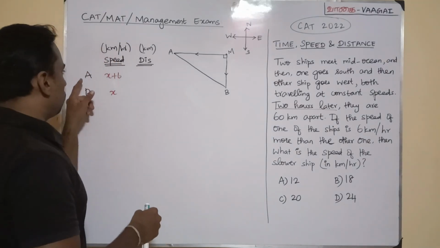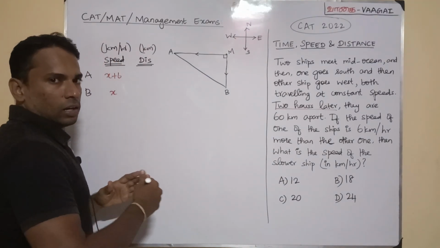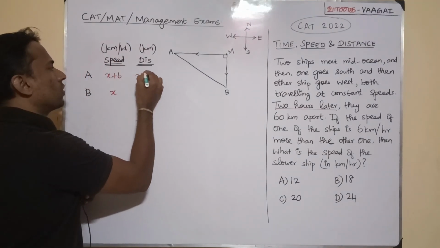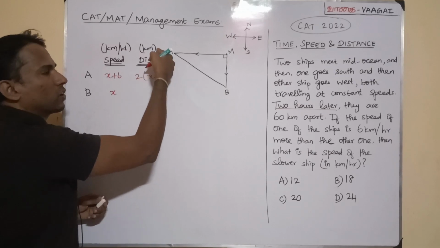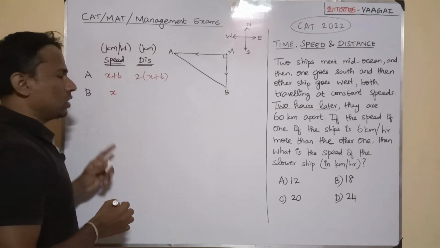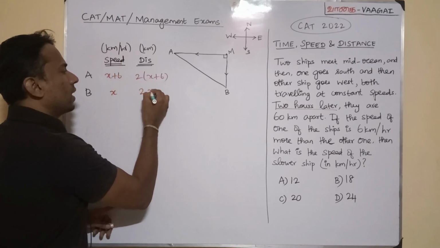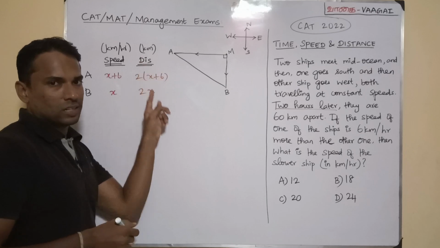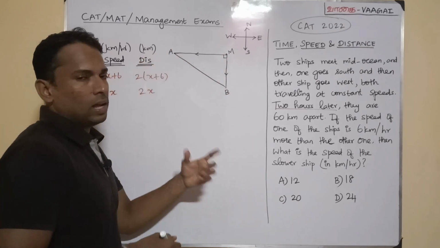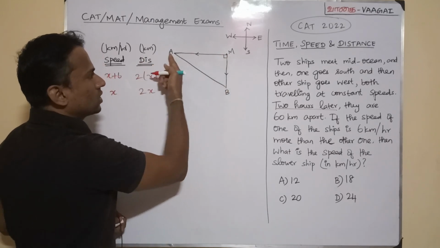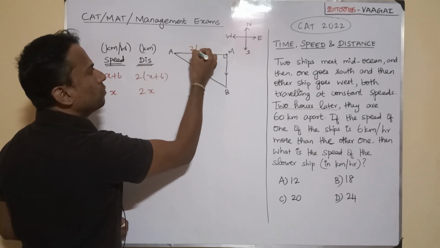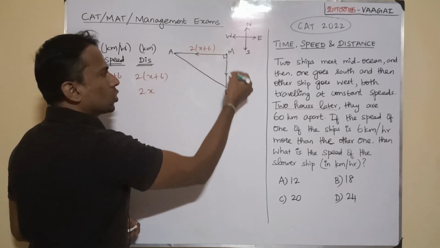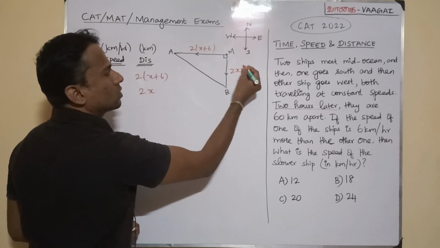The faster ship would have traveled a distance of 2 times (x plus 6) kilometers, and the slower ship 2 times x kilometers. Let us make a note of it: the faster ship travels 2(x plus 6) and the slower ship travels 2x.